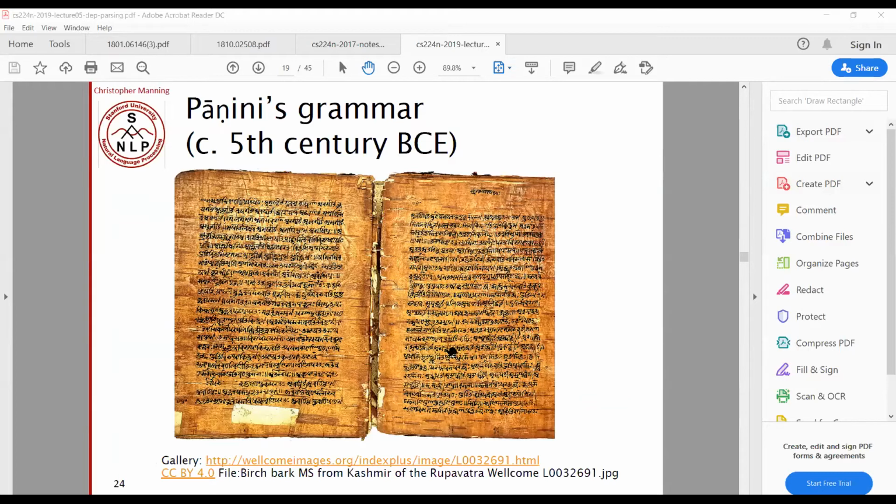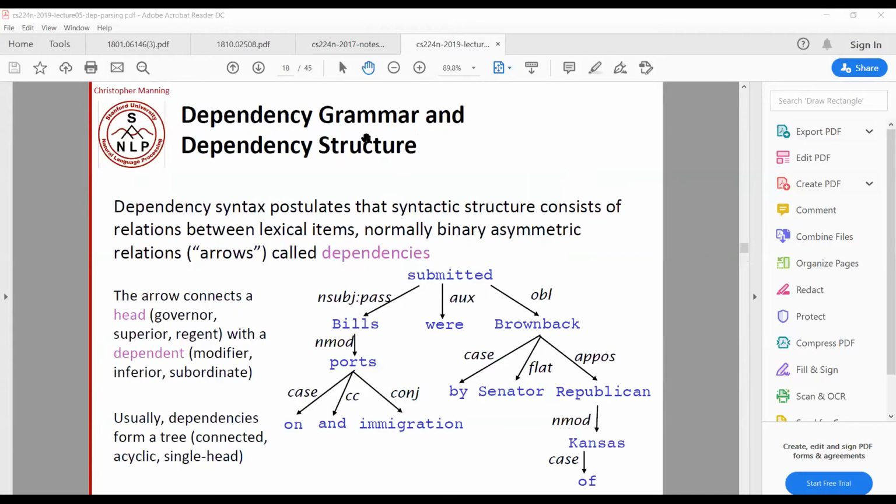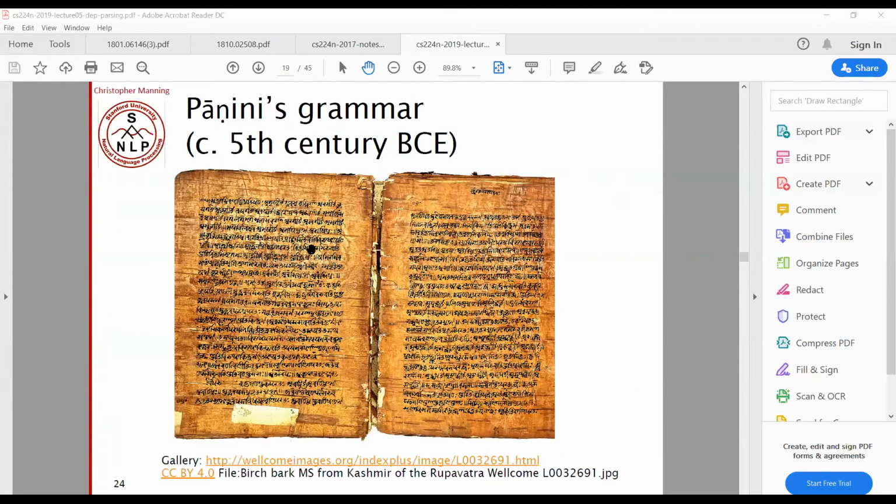And historically, apparently, there's this fellow who did this first on record, who did this for, what is the Indian language that he talked about? Sanskrit. Is it Sanskrit?